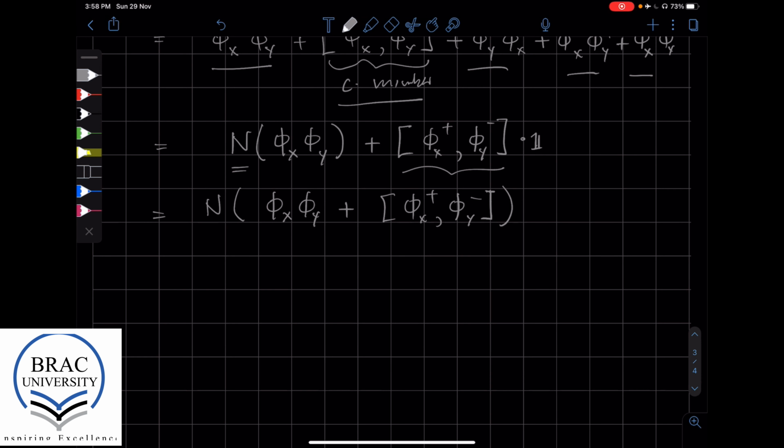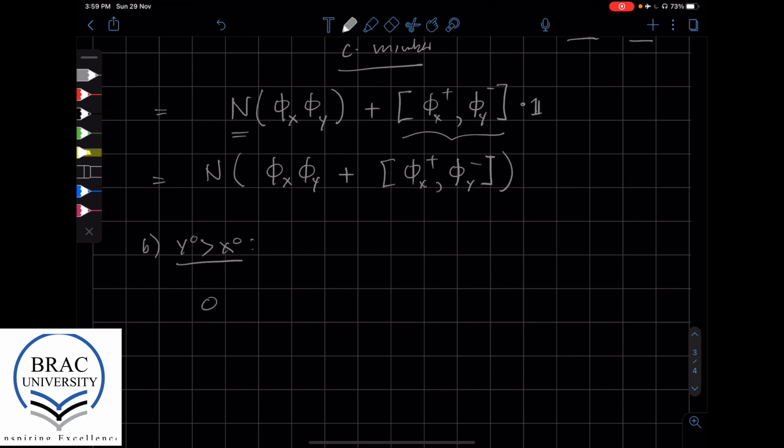When y0, which is case B, is greater than x0, a parallel computation tells us that phi_I(y) phi_I(x) is going to be the normal ordering of, again, the same thing here, but in the commutator we will get phi(y)+ and phi(x)-.